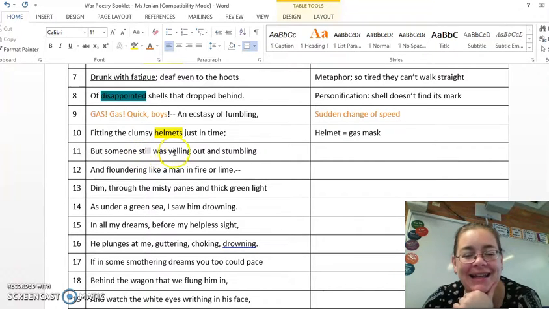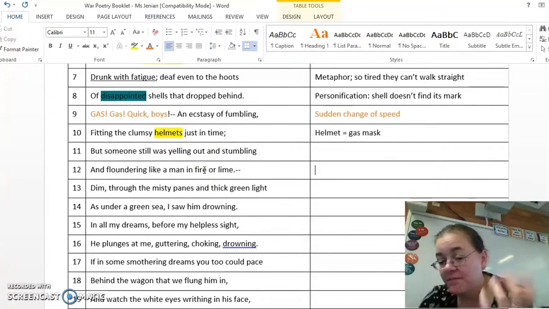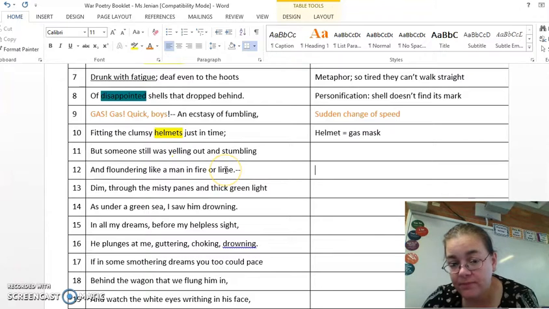Someone still was yelling out and stumbling and floundering like a man in fire or lime. So one of their colleagues didn't get his gas mask on, so he's suffering the full effect of the gas attack. So he is yelling, he's stumbling, and he's floundering like a man in fire or lime. Another simile. Although there is no fire, there is no quicklime.